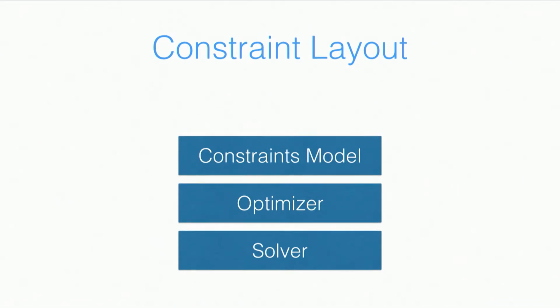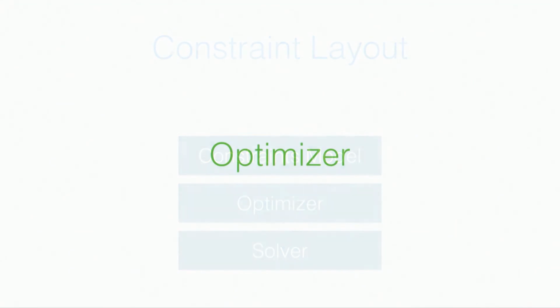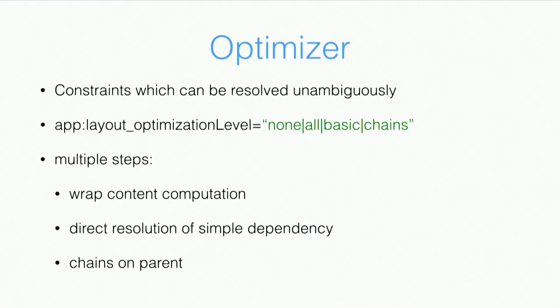So let me go through the optimizer a little bit. Fundamentally, anything that is not ambiguous, that is pretty straightforward, let's just resolve it directly, right? We don't have to run the solver. One thing you may not be aware of, there is an actual XML attribute. We haven't talked much about it, but you can specify the level of optimization.